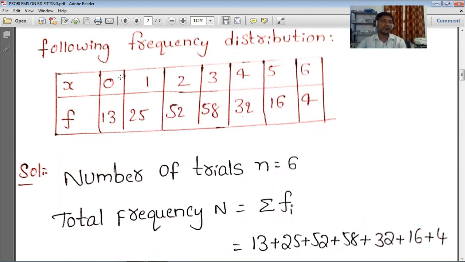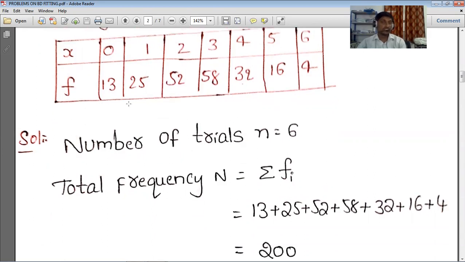First, small n is the number of trials: 0 trial, 1 trial, up to 6 trials. So n is equal to 6. Capital N is the total frequency, so we add all the values and get 200.